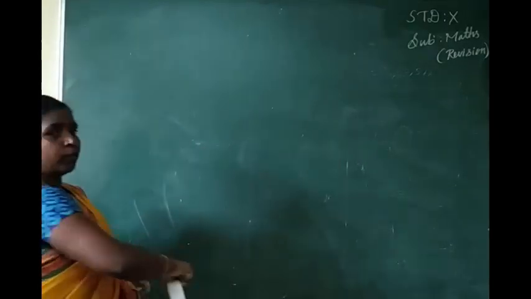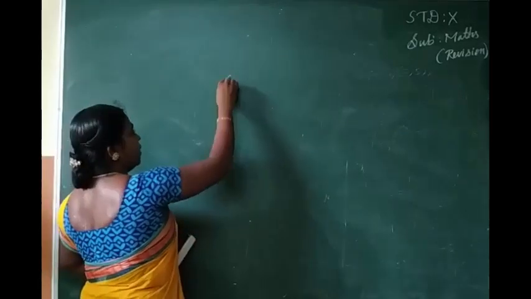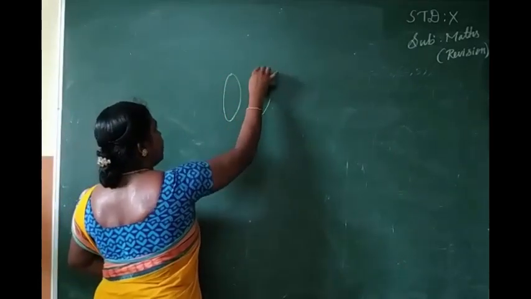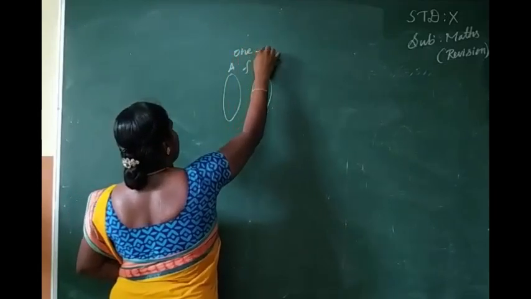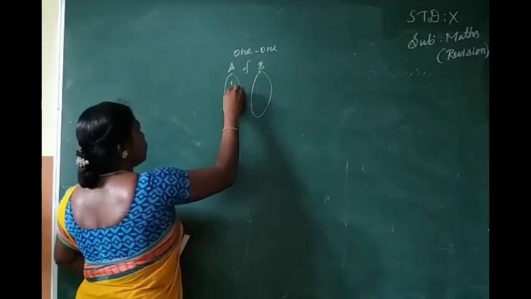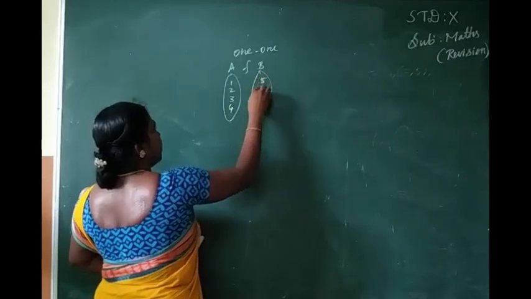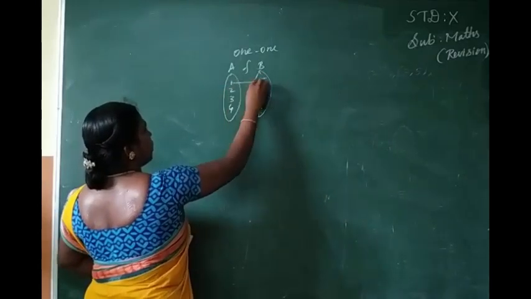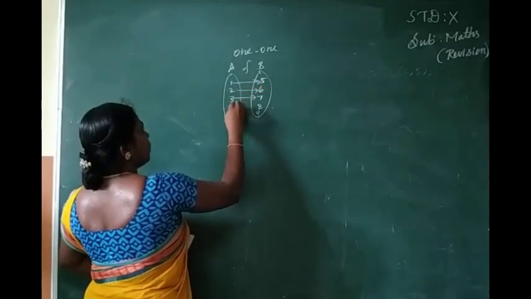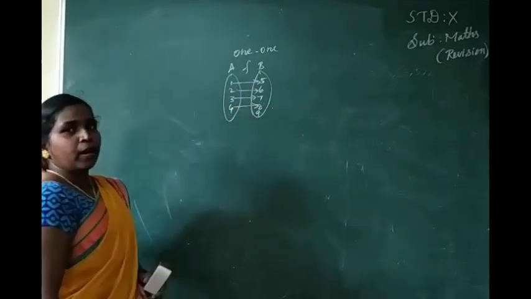So if you want to know one-one onto, you see here. One-one function example is A, B, f. This is one-one. This is one-one function.